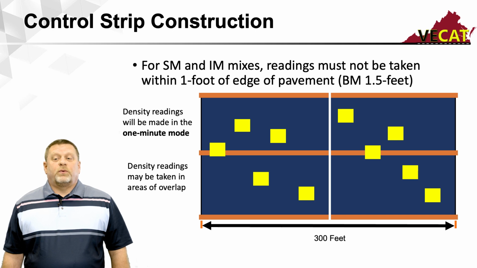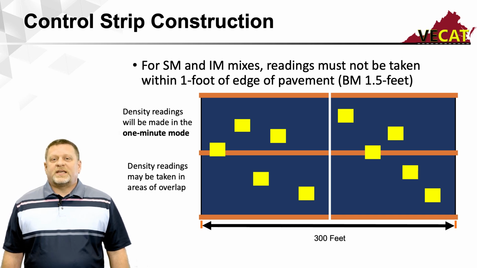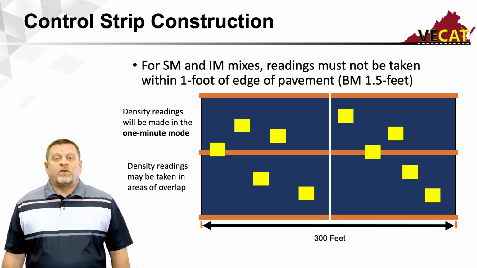As said previously, when we're taking these density readings or nuclear readings, we're going to take them in the 1-minute mode. But one thing different than with the roller pattern, when we talked about the roller pattern, we said no readings would be taken in any overlap. Overlap is where the one roller pass is adjacent to the one right beside it, and anytime that happens, you have a 6-inch minimum overlap from the roller drums.